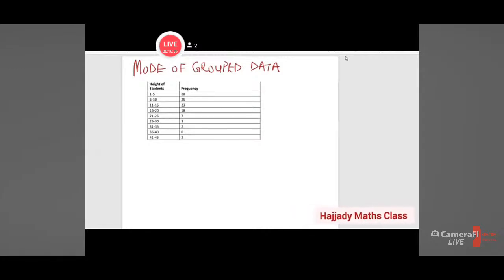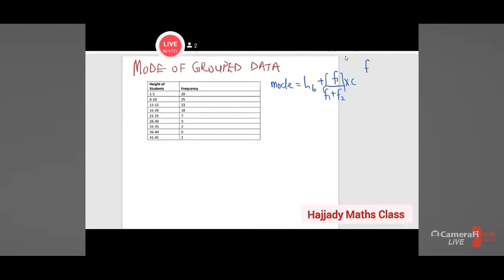And the formula for the mode of group data is: mode equals the lower boundary, LB, plus F1 over F1 plus F2, multiplied by C. We can put this in a bracket for easy computation.